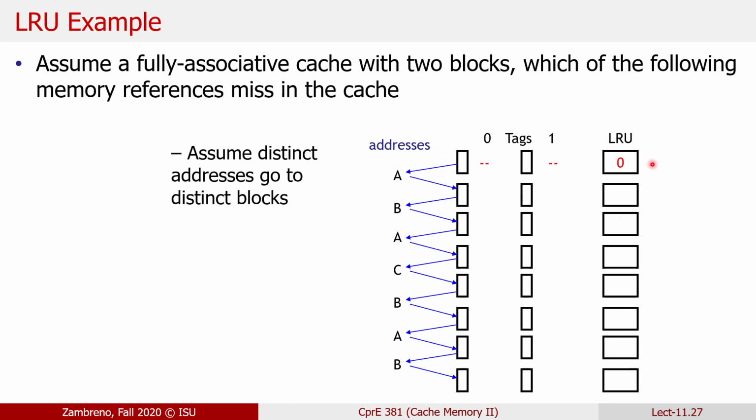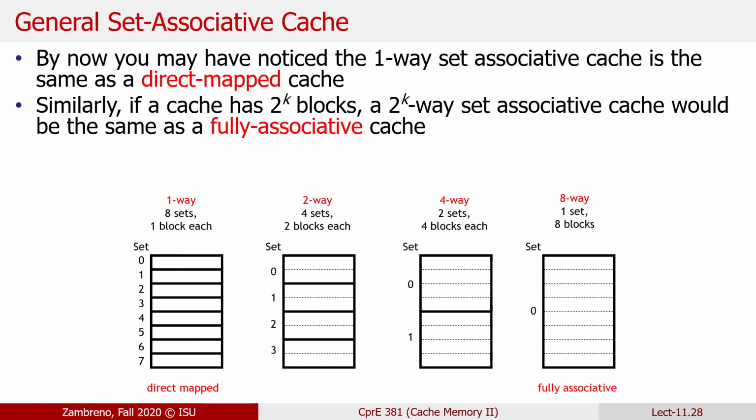So we can start with a default of that one bit of storage saying 0 is the least recently used entry. There's nothing in the cache. It doesn't really matter. We assume A and B are different. They would go to distinct blocks. That's fine. They're different addresses here. Let me walk through the first couple, and then let's walk through the remainder ourselves. So if we start with A, our cache is initially empty or invalid, or just some default value for our least recently used information saying block 0 is least recently used.